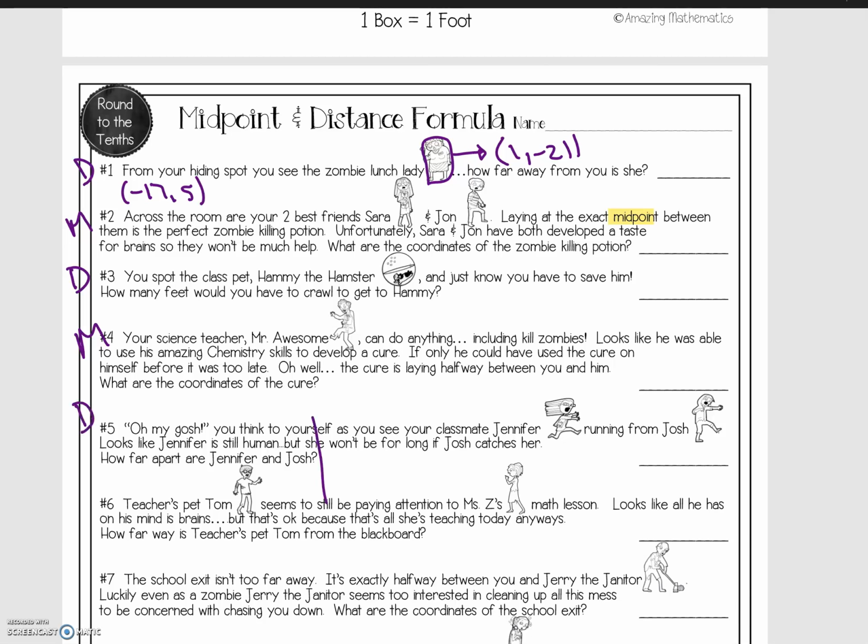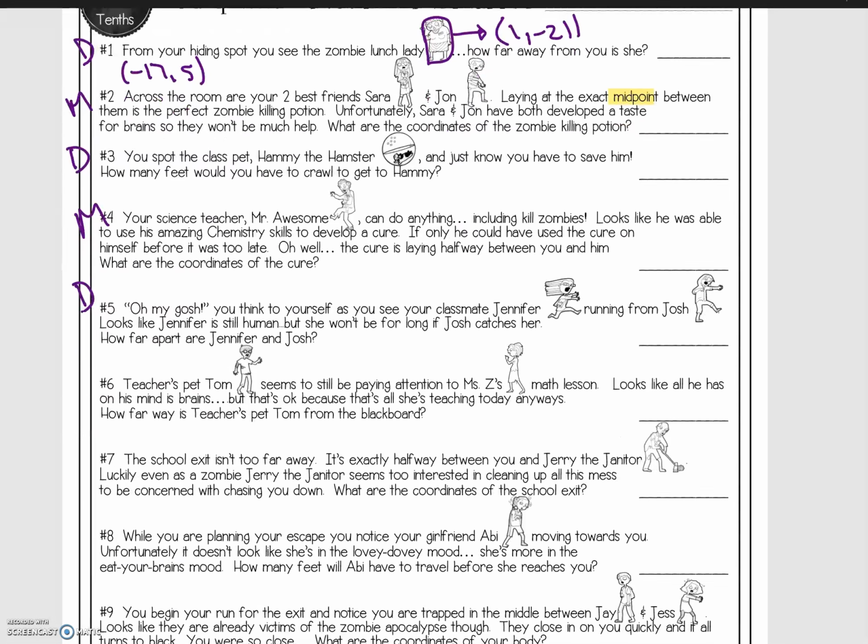I keep writing on the papers. Number 6 is your distance formula. Number 7, I haven't done this one yet. The school exit isn't too far. It's exactly halfway between you and Jerry the janitor. Seems understandable. What are the coordinates of the school exit? So midpoint.